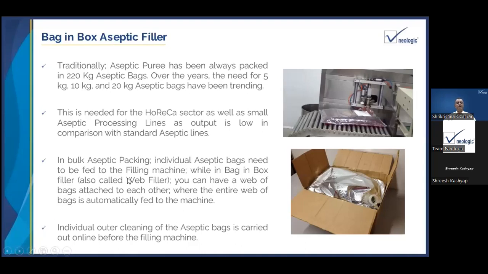The smaller bags, because they are lying open for some time, also need to be cleaned from outside before they are fed to the machine. So all the web filling machines typically have a cleaning arrangement for the bags from outside before they are fed to the filling machine.